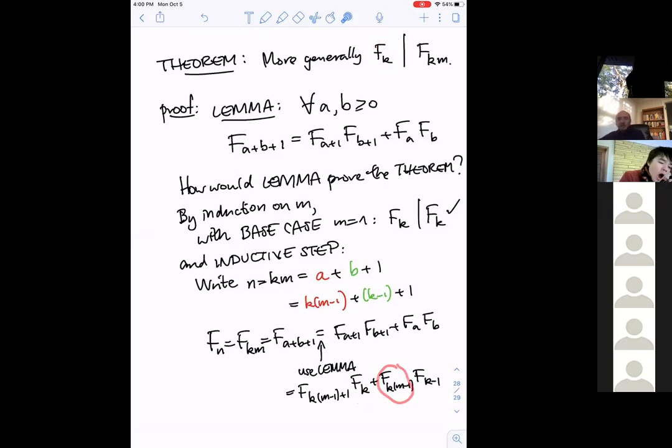And this one is an F where the subscript is k times (m minus 1), so it's divisible by Fk using induction. Seem okay?